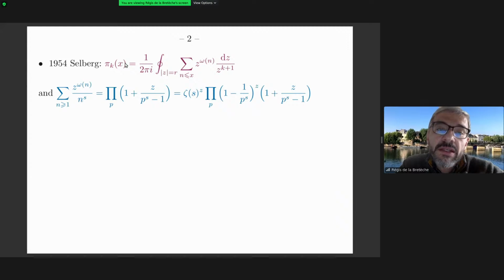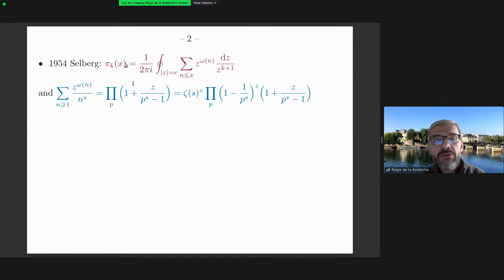So using complex analysis, you can use the Cauchy formula, and you have this very nice formula. And why is this formula useful? Because now you need to estimate the sum of a multiplicative function z to the power omega of n.